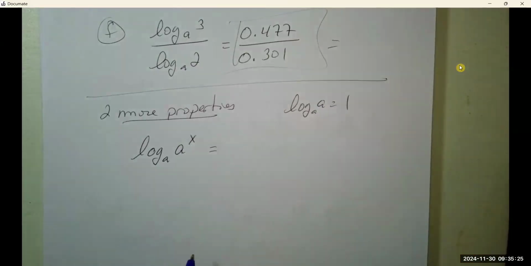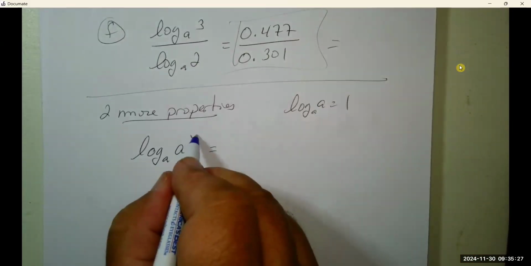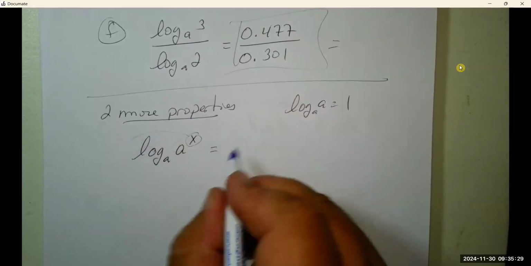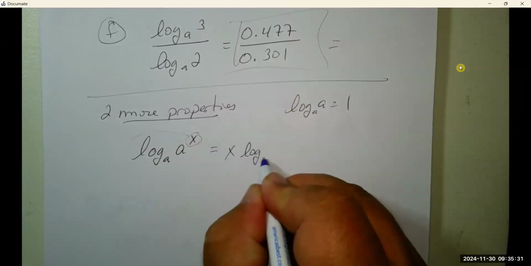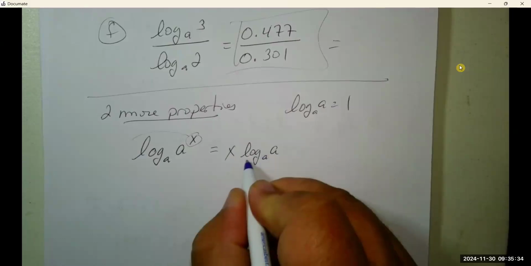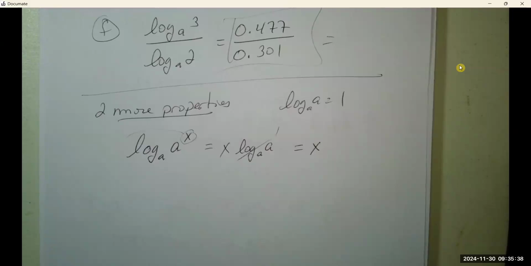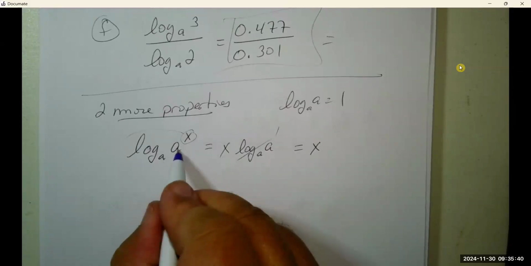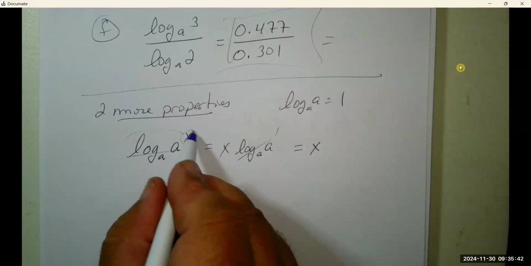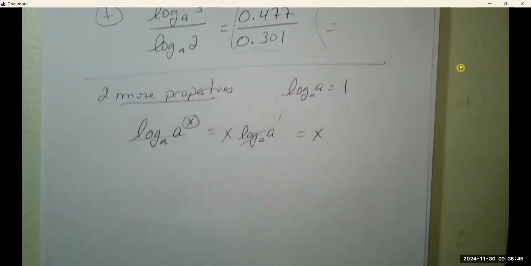Same base equals 1. But since we have an exponent that comes out in front, this equals 1 times x, so that equals x.